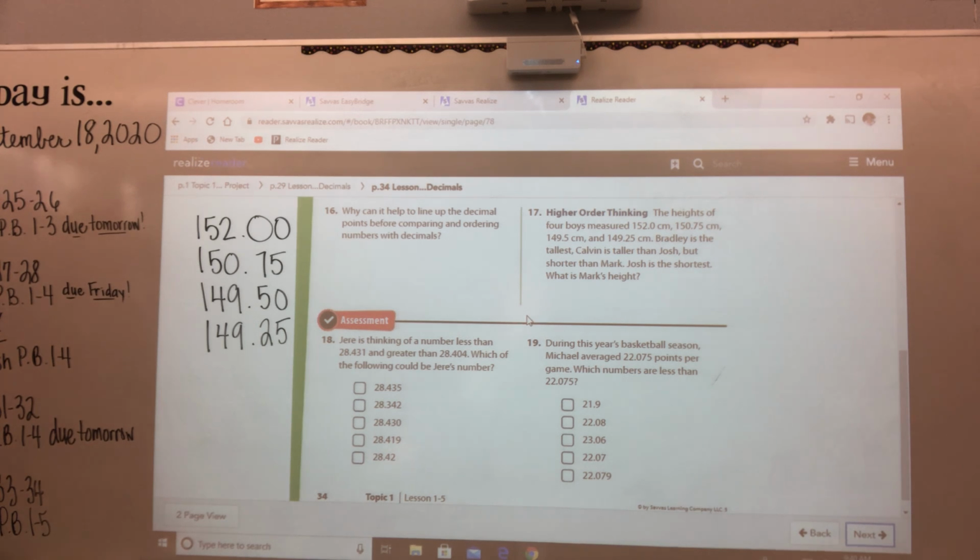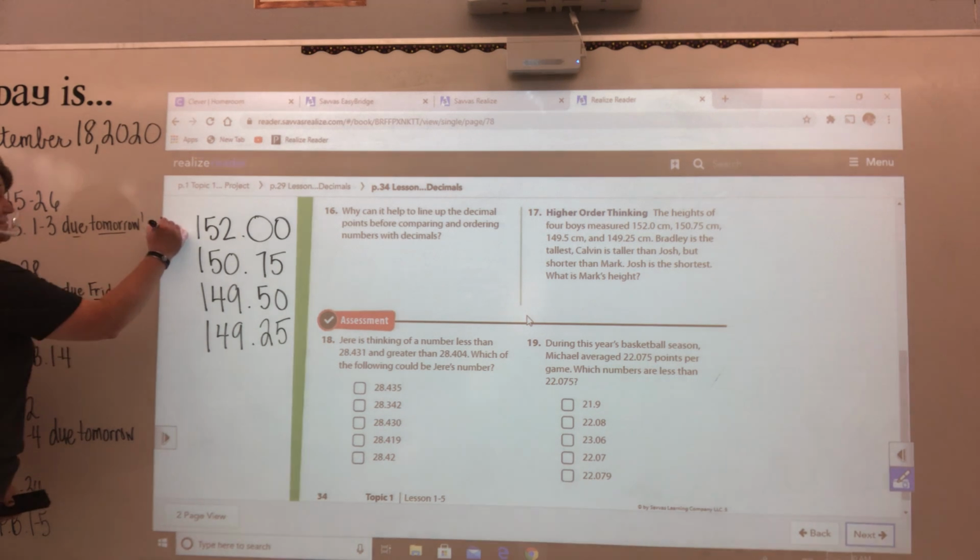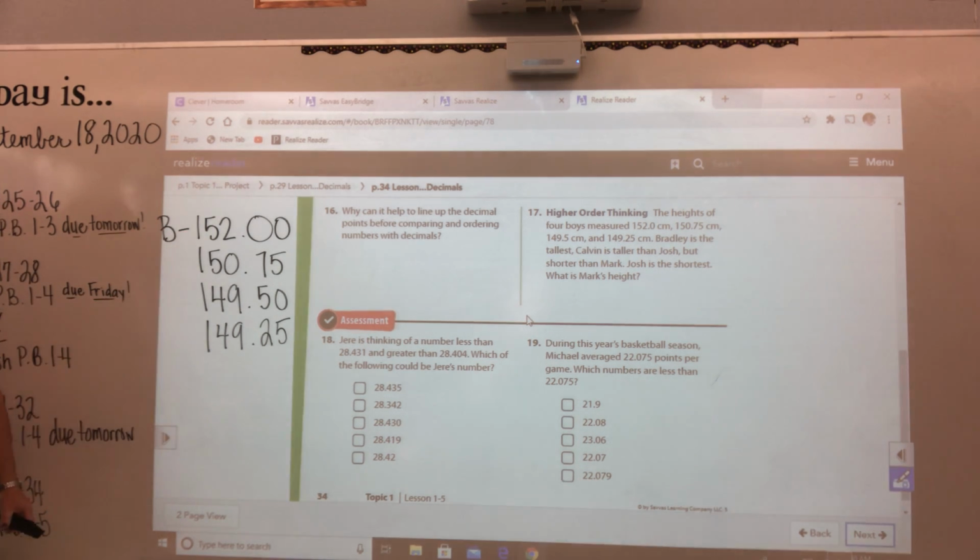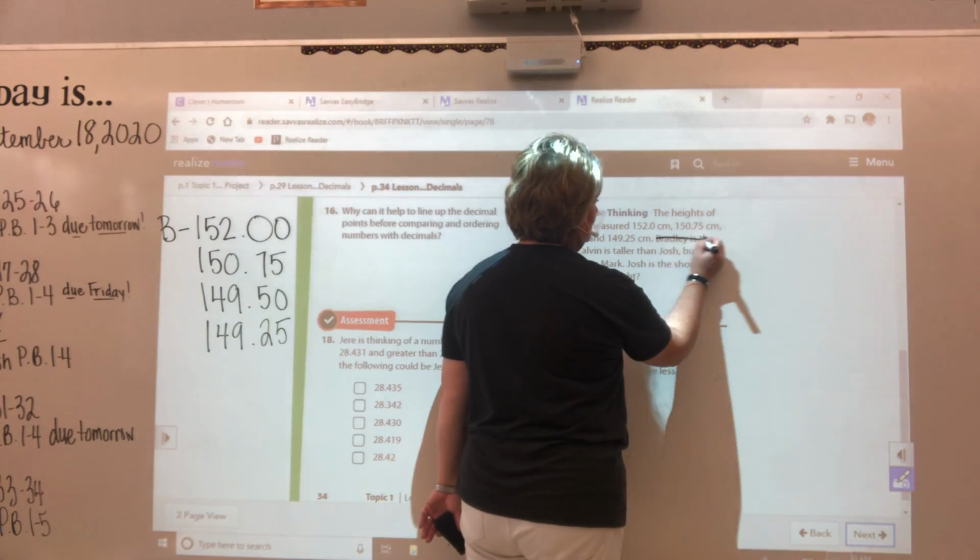No, this is the most money. How much is this in money? $152. What's this in money? $150. So this is B, this is Bradley. Did everybody put a B by Bradley? Now let's mark out Bradley.